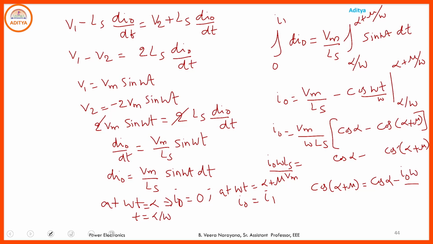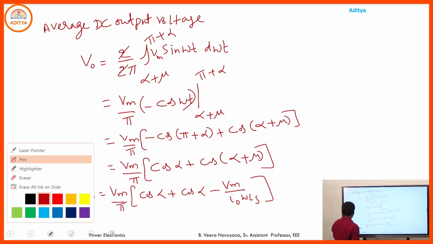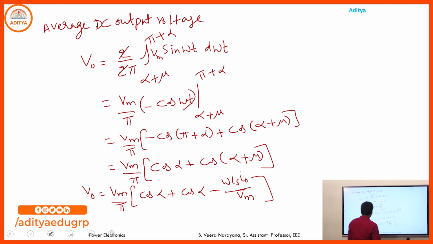I naught omega Ls by Vm. Then substitute that value here. Omega Ls I naught by Vm. So by simplifying this expression, what you are getting?